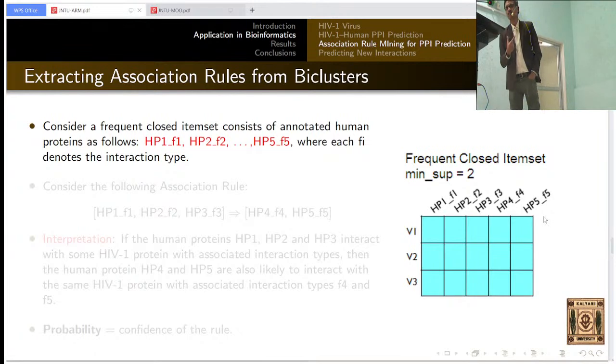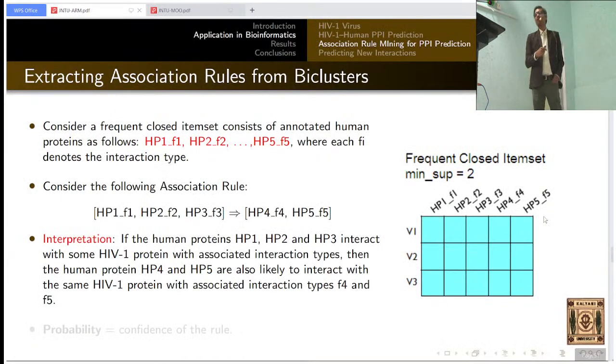Now these rules can be used to predict new interactions. That can be done in this way. Suppose this is a rule that we have extracted. The corresponding sub network is like this.